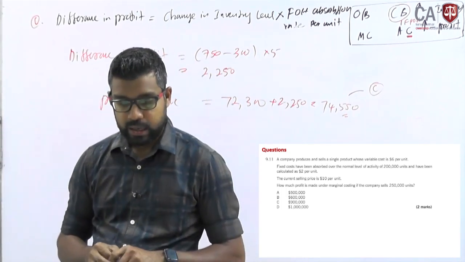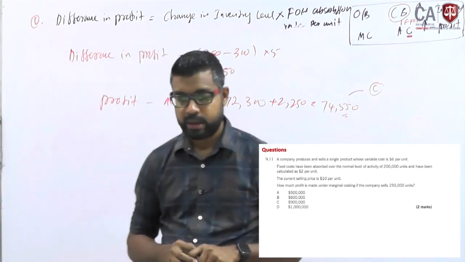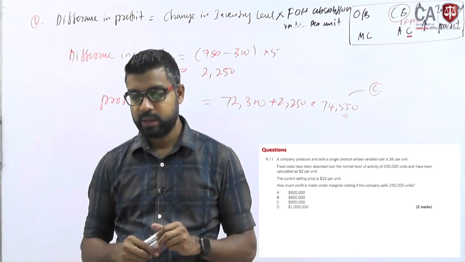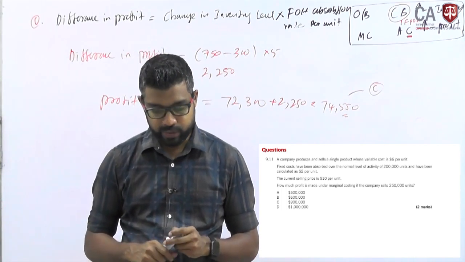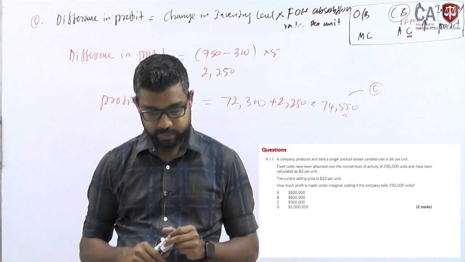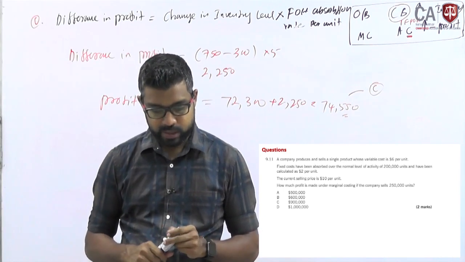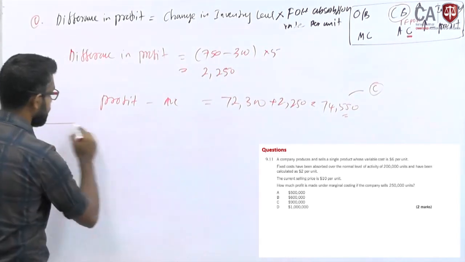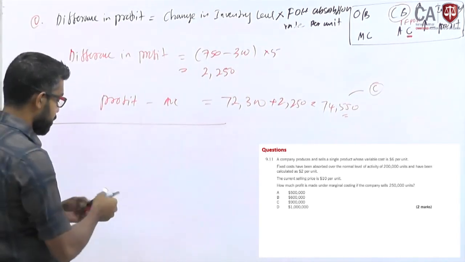Current selling price is 10 per unit. How much profit is made under marginal costing if the company sells 250 units? Contribution, how much?